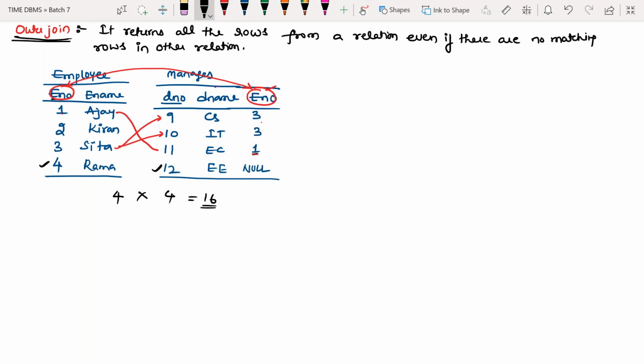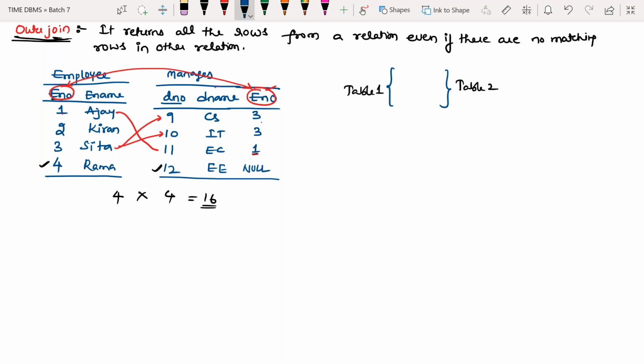Look here, join is between two tables. Suppose there is a join between table 1 and table 2.